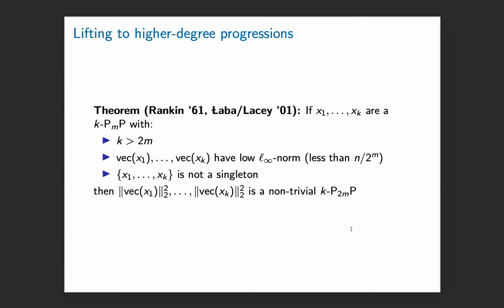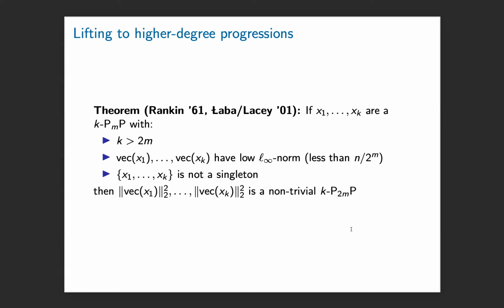So the main theorem of Rankin, and I also want to shout out this note of Wamba and Lacey. I think it gives a very intuitive explanation of what's going on here. So if we have k points, which are in a degree m polynomial progression, such that the degree is not too high, there should be more than twice as many points as the degree. The vector forms of each of the points have low L infinity norm, where now I'm going to be stricter than Behrend and say you have to be exponentially small in the degree.